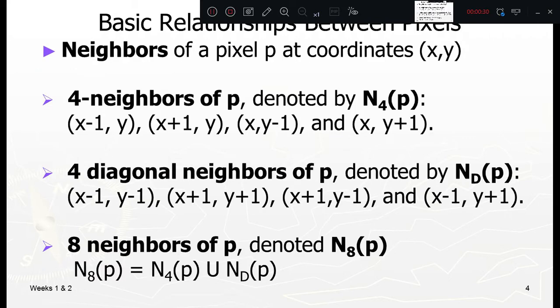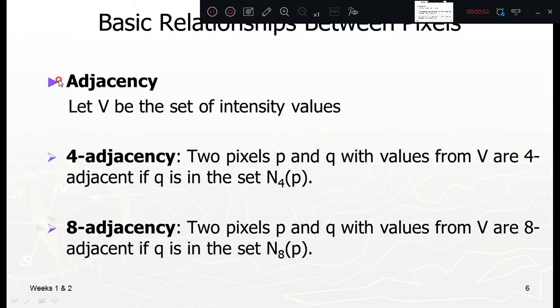Now, the basic relationships between pixels. The pixels will be defined with 4 neighbors and 8 neighbors. When we are discussing 4 neighbors and 8 neighbors, let us move on to the coordinate geometry, how it will be displayed.